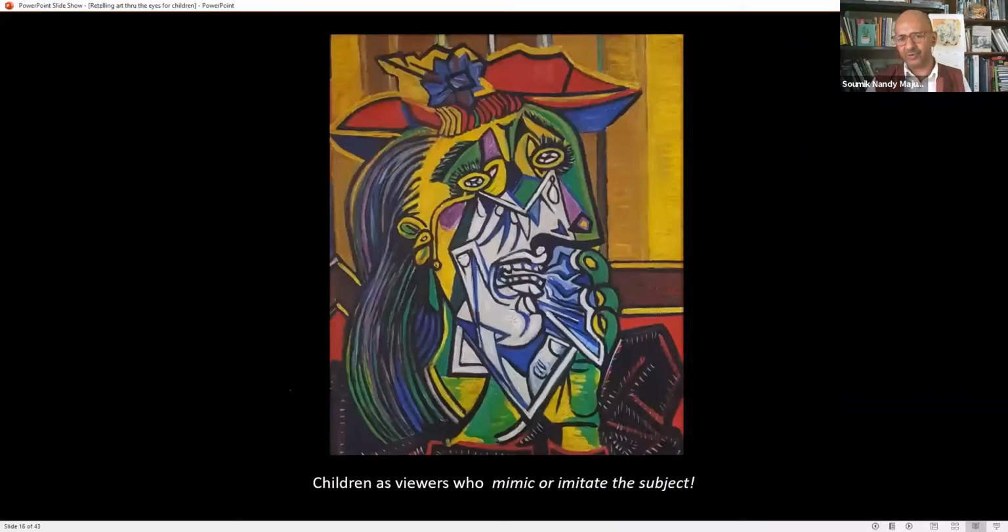When I was talking about different kinds of responses, I still remember, and it recurred even many years later, that particularly very young children who were not so articulate in their expressions or responses could actually imitate and express what exactly they can see in this painting of a weeping woman, a very famous painting by Picasso.